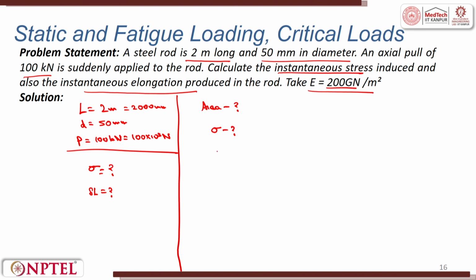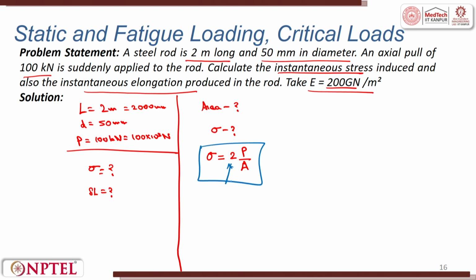Because the load is applied suddenly, a catch in this numerical that you need to take care about is that here stress is equal to 2 times load per unit area. Because the load is suddenly applied, it is applied in both the directions. So, this is very important here. I will mark it in a different color.